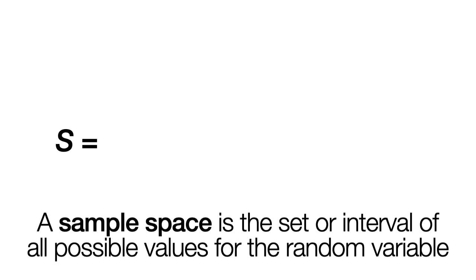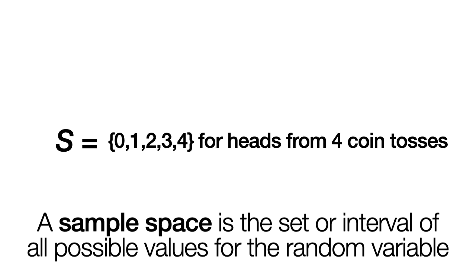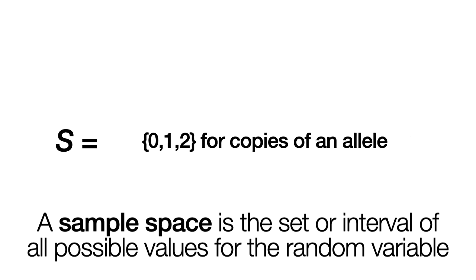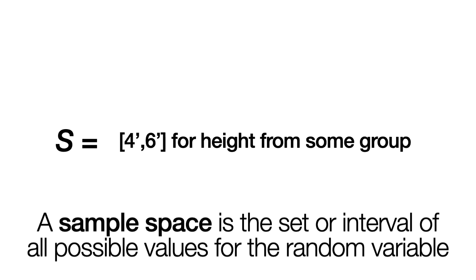For a series of 4 coin tosses, for example, you might observe 0, 1, 2, 3, or 4 heads. For a genetic allele, you might be observing none, 1, or 2 copies. For a range of heights, the random variable may assume any value within that range.